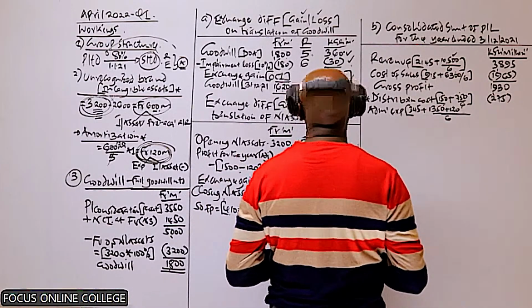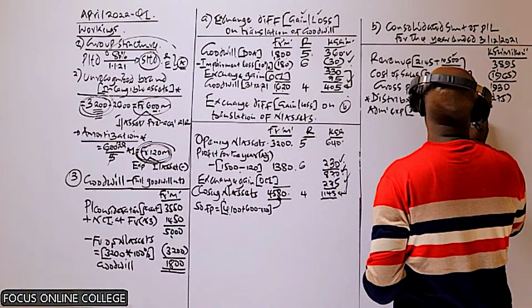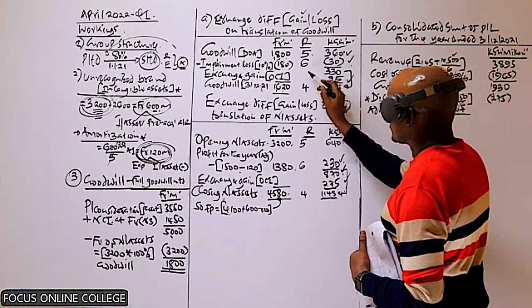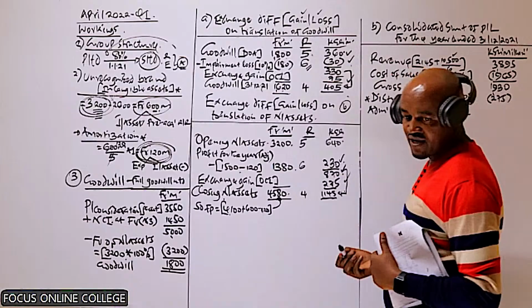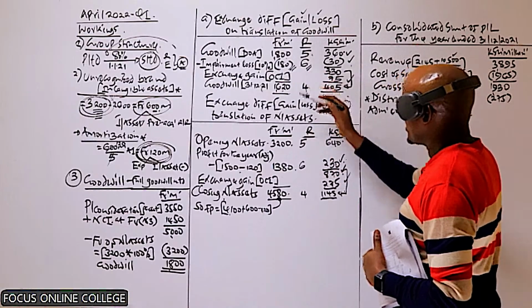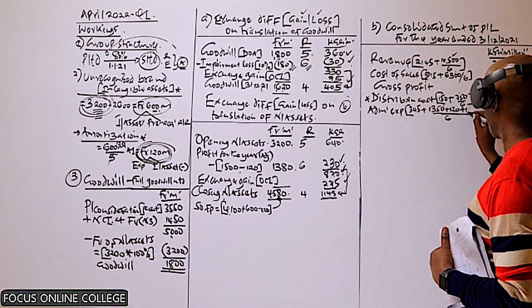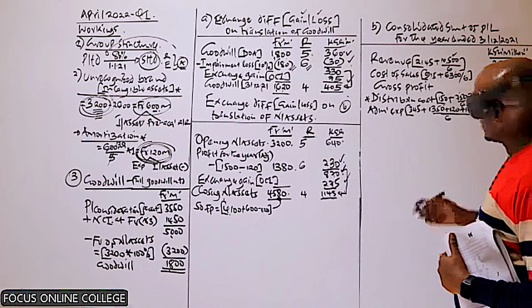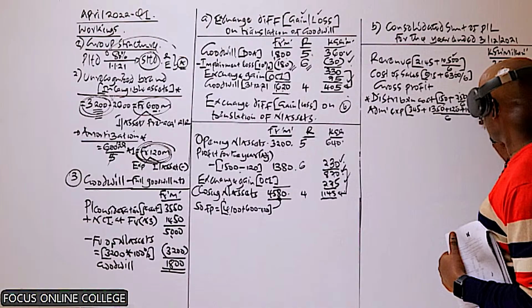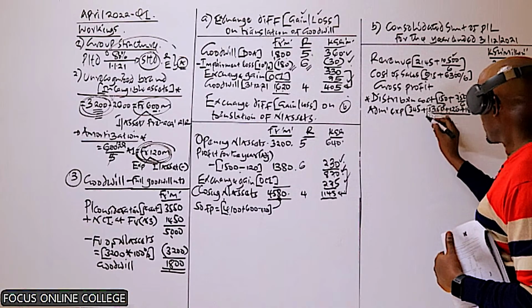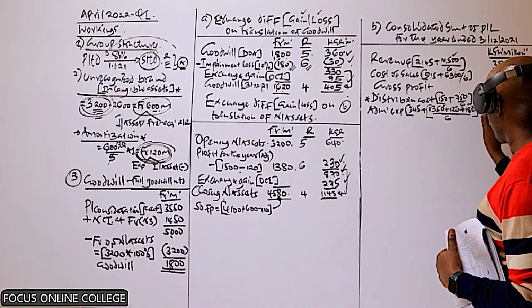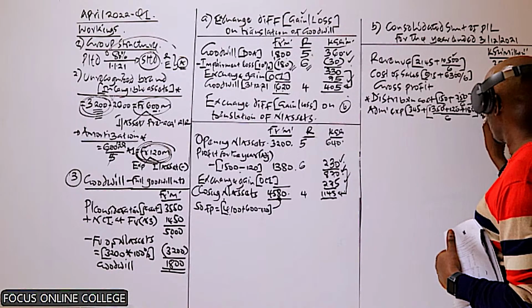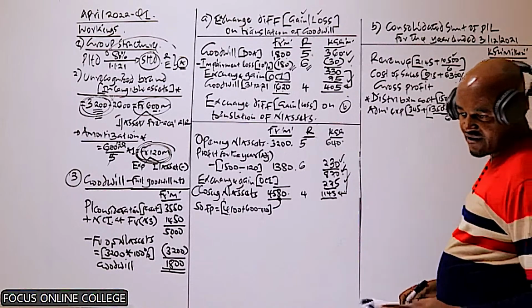The other item we also need to capture here is this impairment loss. So let's add it here still in franc. That is 180. Yes, you can see this is in franc, this is in franc, this is in franc. We get the total administrative expense of the subsidiary, and then we divide that with the average.